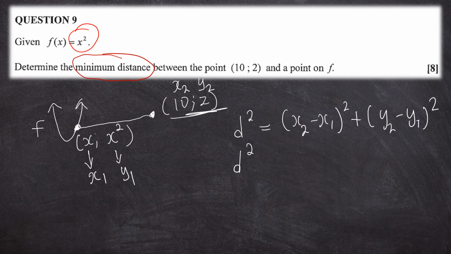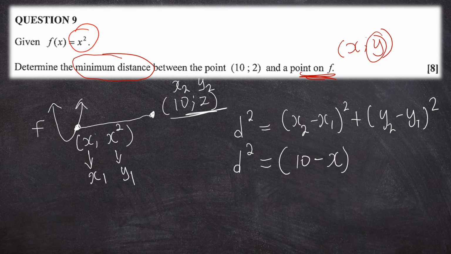Okay, so d squared equals, what is our x2? It's 10 minus, what is our x1? It's just x. We don't know it, because they just say a point on f, and a point is made of x and y. In this case, we have just replaced y by x squared because it's on that function which is f of x.